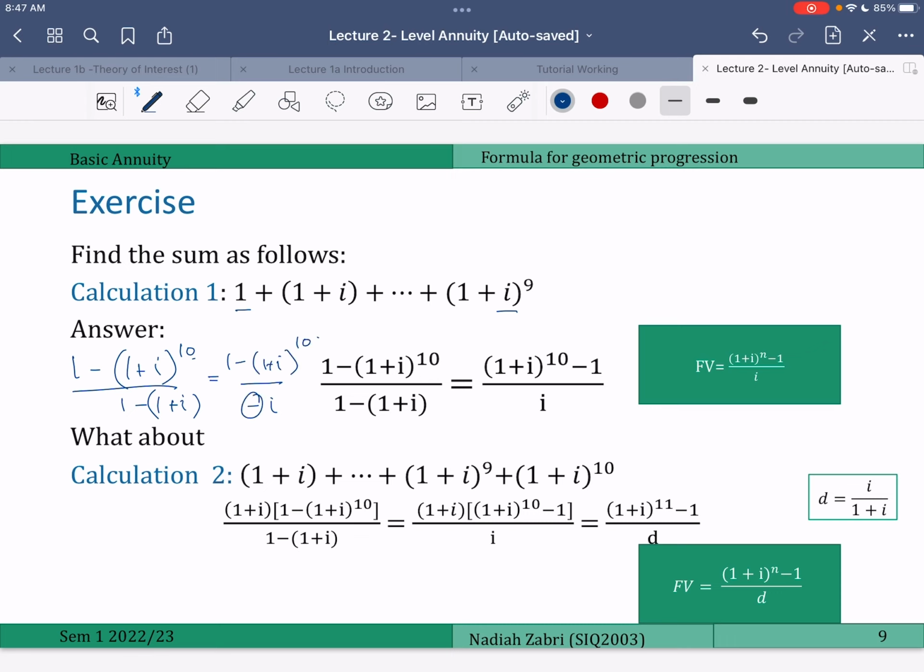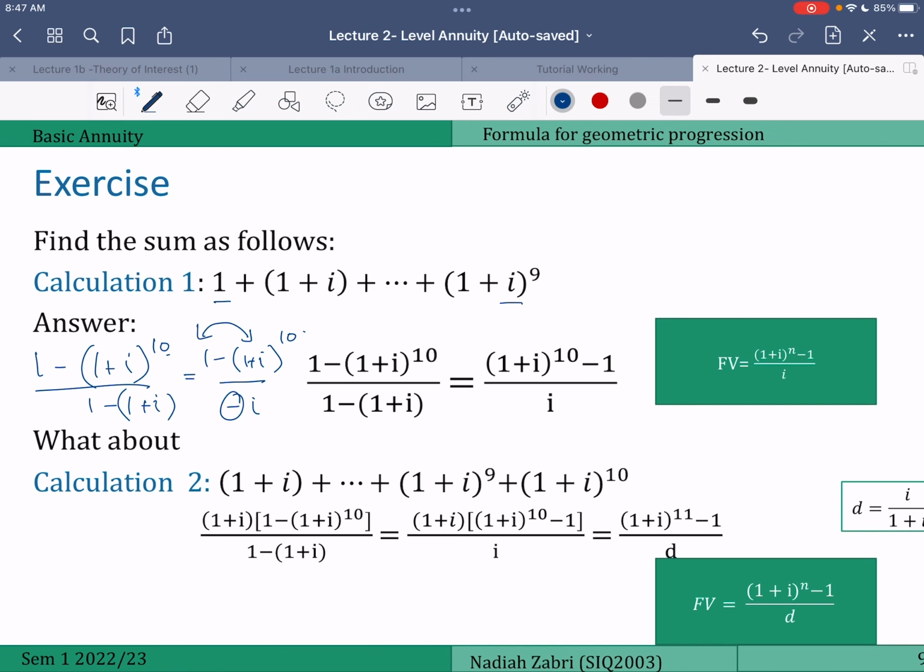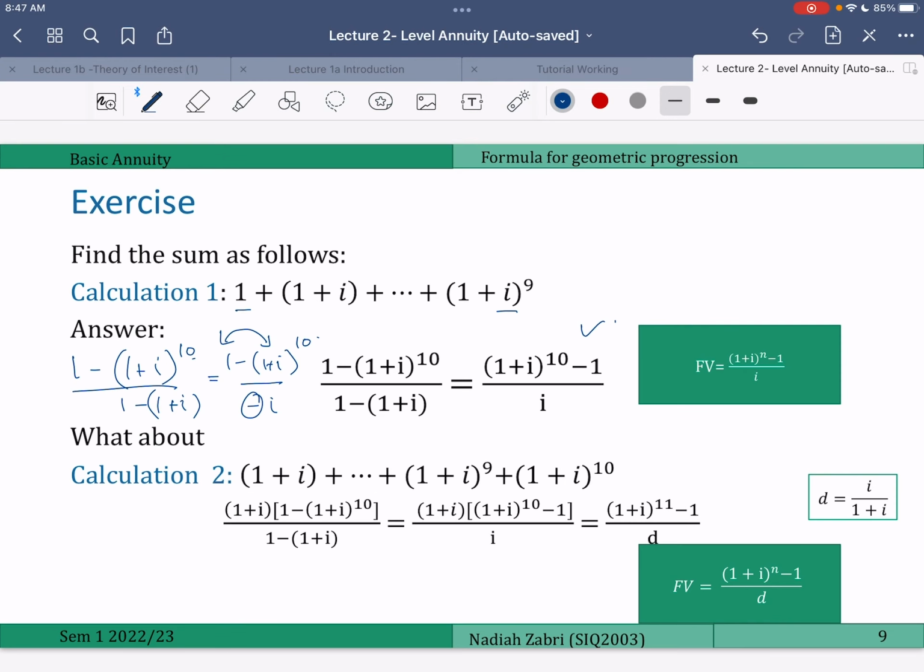But we don't want this negative, we want it to be positive, so you just switch these two, and then you get this formula. I think okay. Now what you just did is you are finding the s angle n. Without noticing it, you are actually finding s angle n. And for this one, if you do the geometric progression, what do you get?